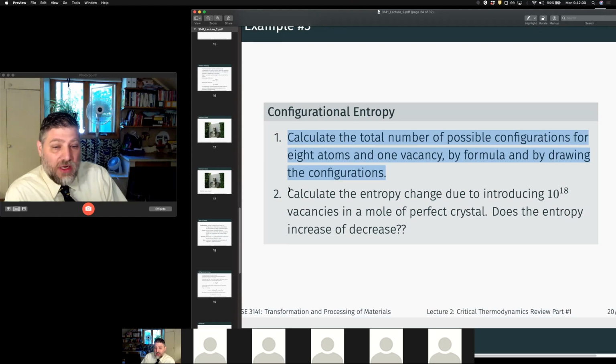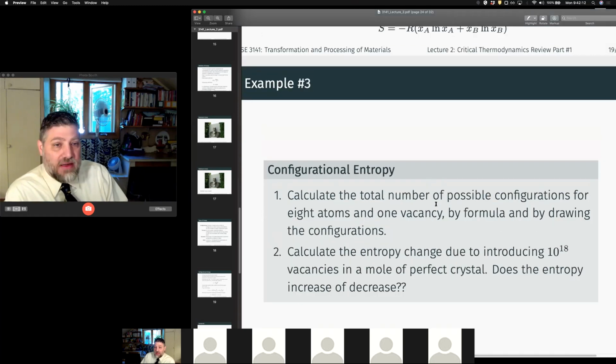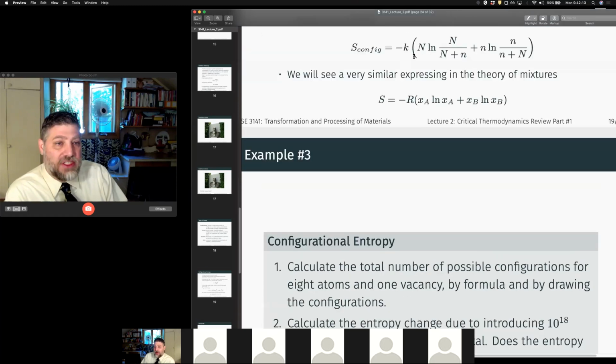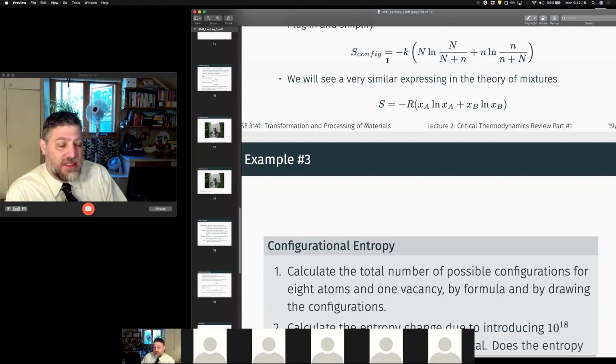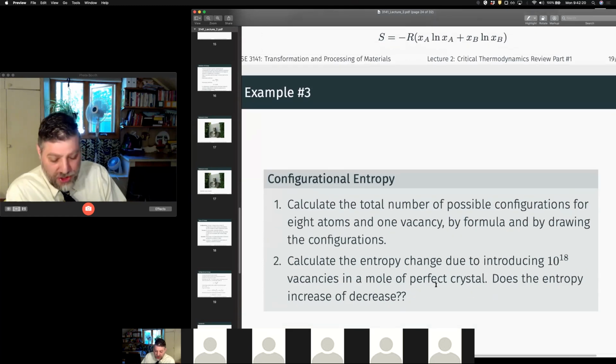This second one, calculate the entropy change due to introducing 10^18 vacancies in a mole of perfect crystal. That's really simply plugging right back into this equation.